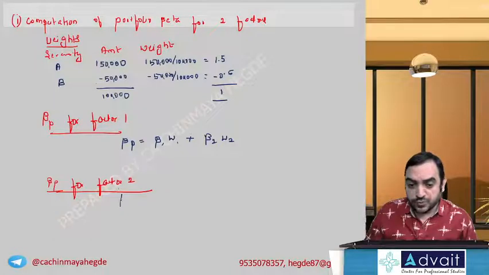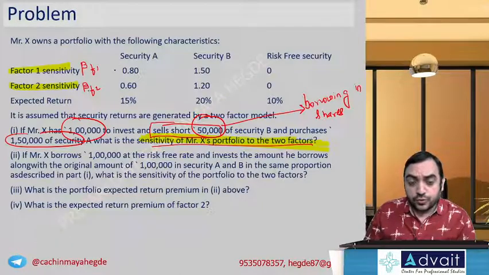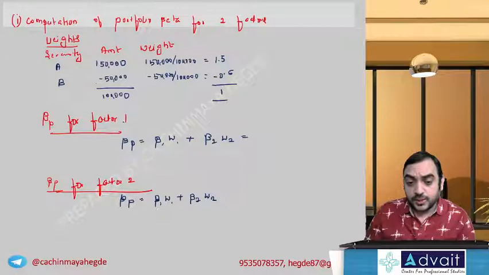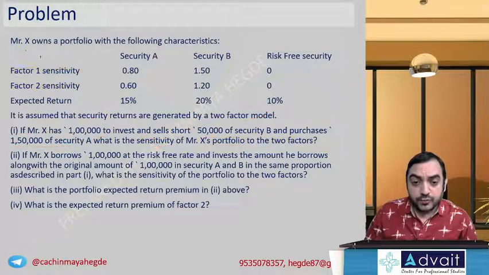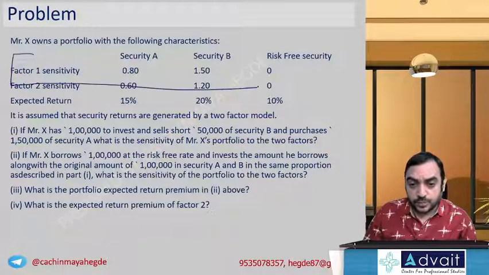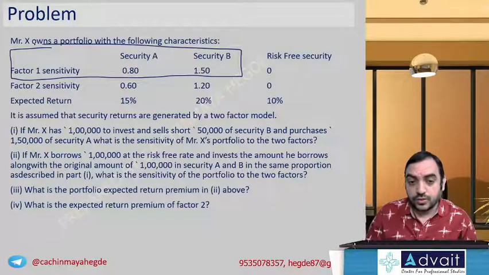Here also the same formula: portfolio beta is beta 1 weight 1 plus beta 2 weight 2. Weighted average. So what are beta 1, beta 2 for? We are computing for the security for factor 1. So look at only factor 1. Factor 1 means only look at the first row.